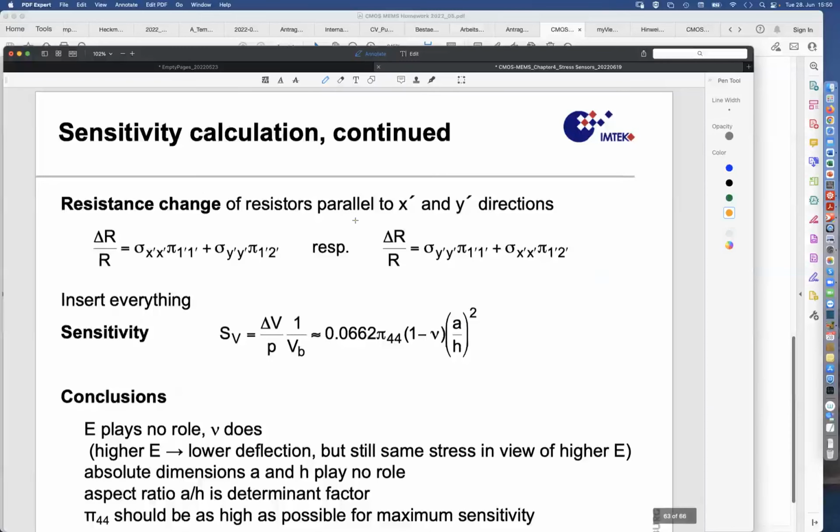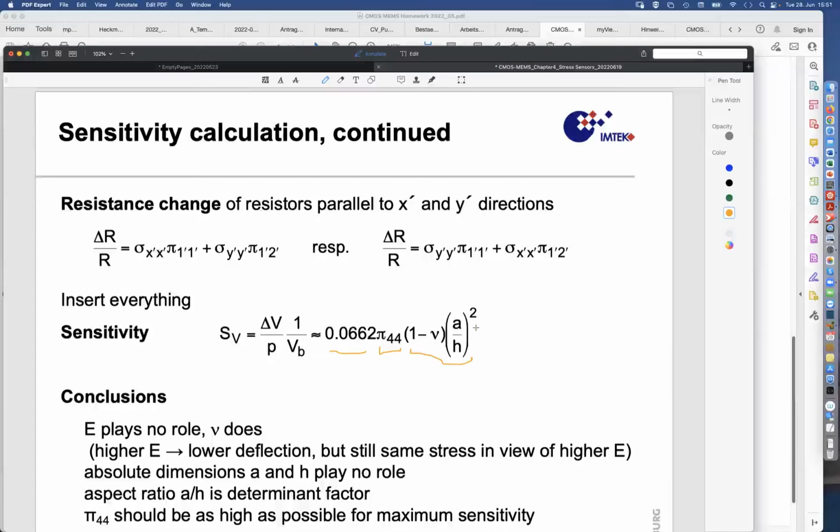slide, if you take that and implement it, you obtain a sensitivity that follows the following rule. So the delta V per V per pressure is equal to some numerical factor times the pi 4, just like Jonathan also found before as a proportionality factor, and then well, some material and some geometry value.